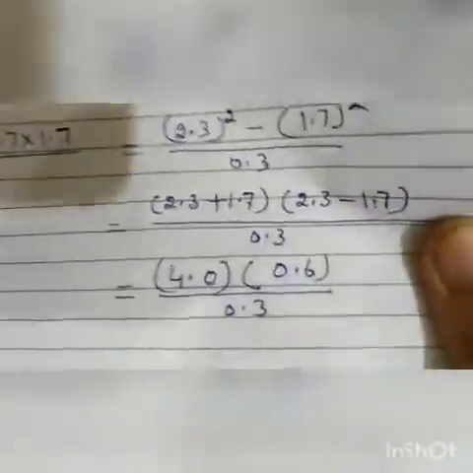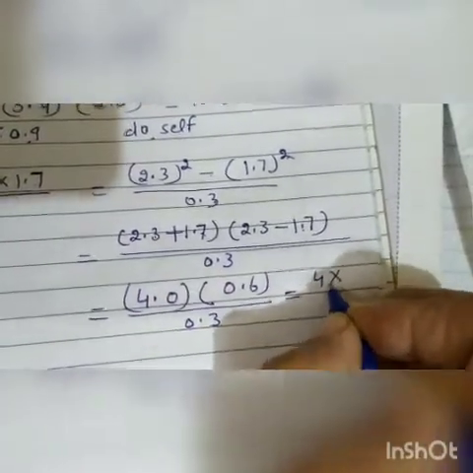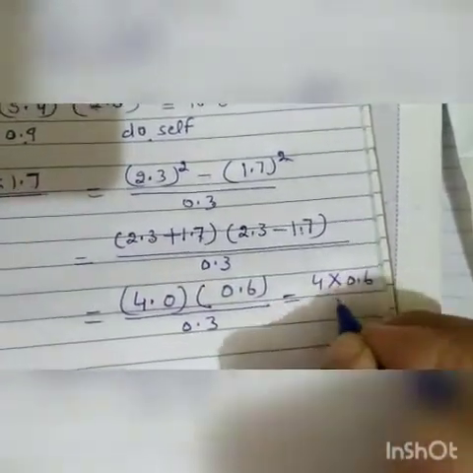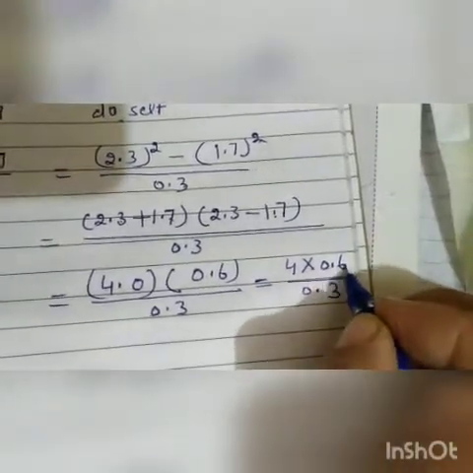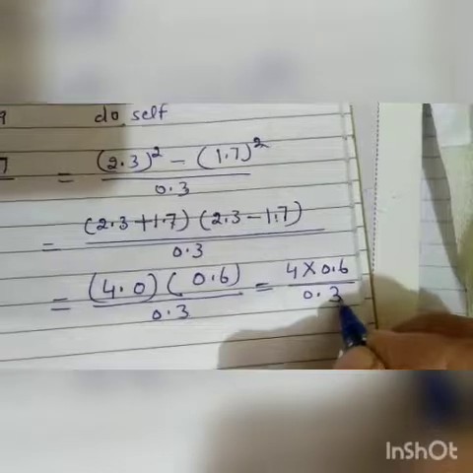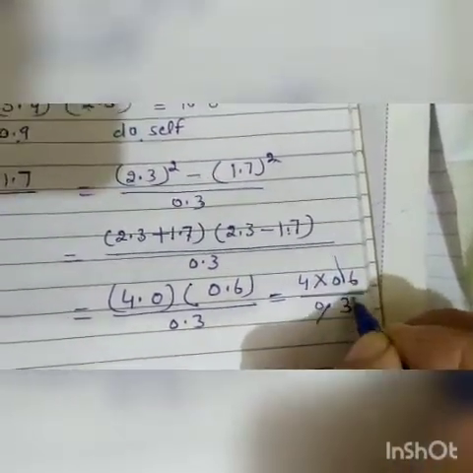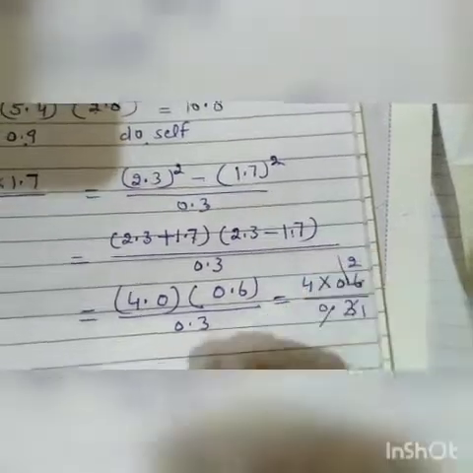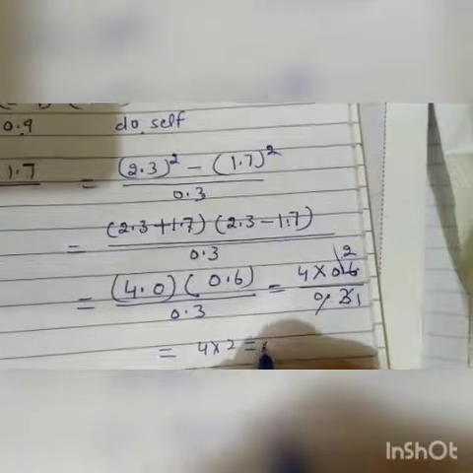It means 4.0 means 4 into 0.6 upon 0.3. See students, after the decimal there is one digit and after the decimal there is one digit. Decimal cancel. Now it is 6 upon 3. 3 times 1 is 3, 3 times 2 is 6, means 4 into 2. 4 into 2 means 8.